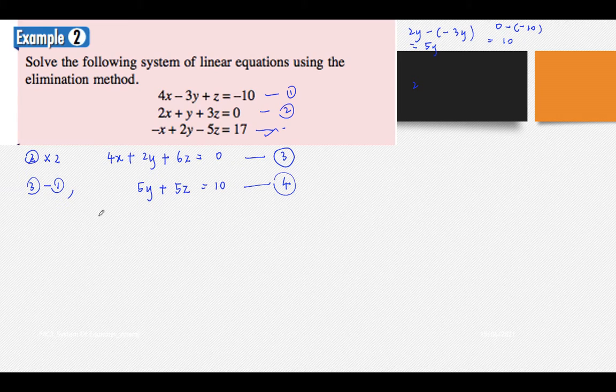Again, I write 2x plus y plus 3z equals 0. Equation 2 now becomes equation 5. Then the third equation, I copy it again, becomes equation 6. I follow the textbook.